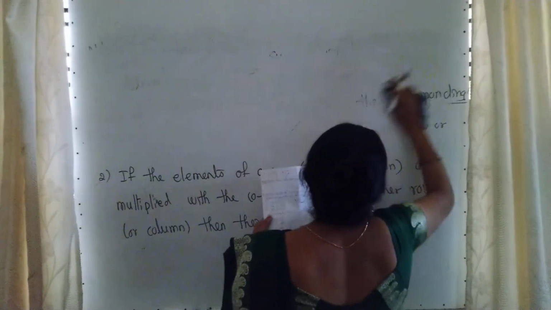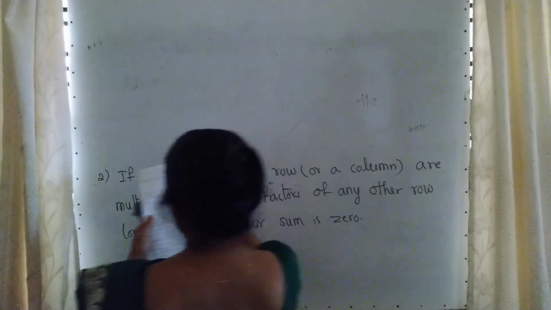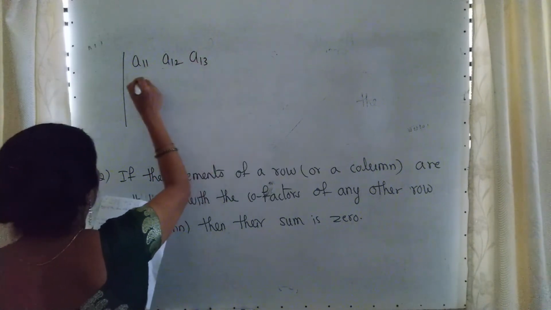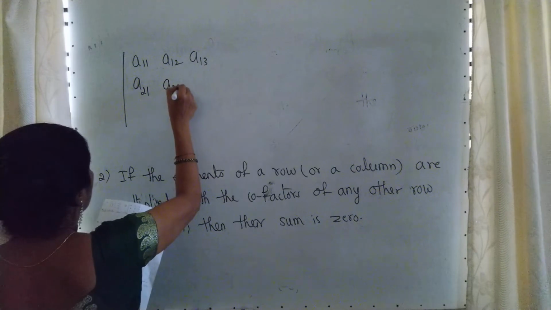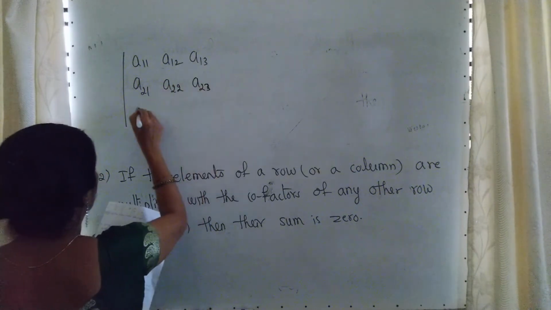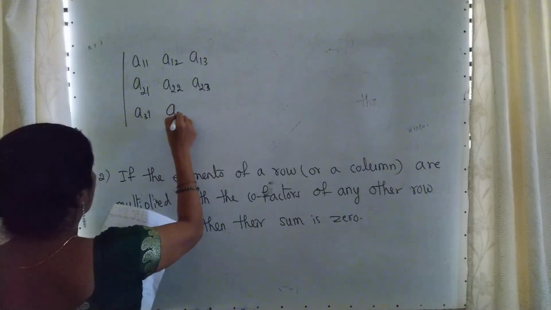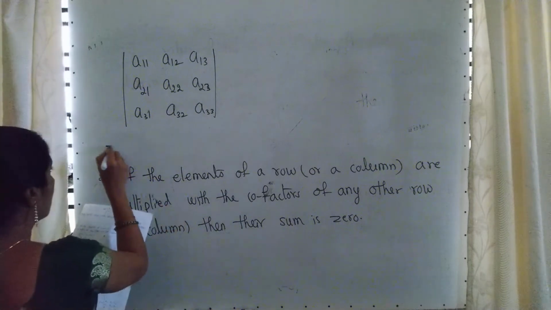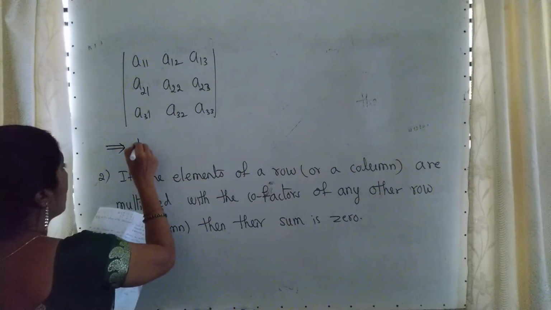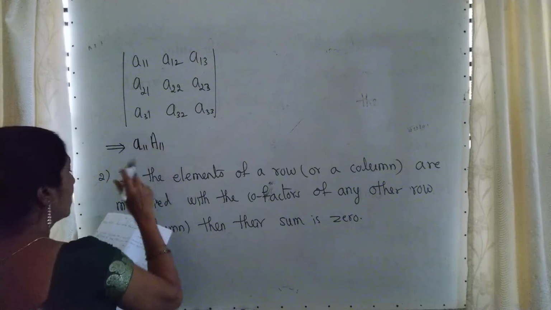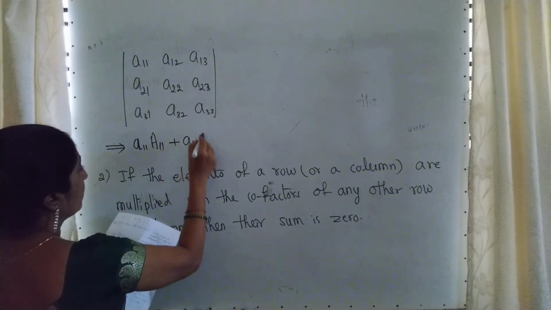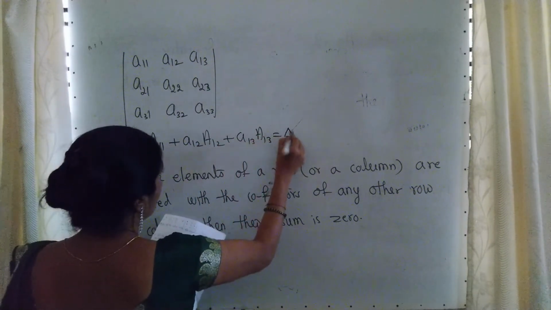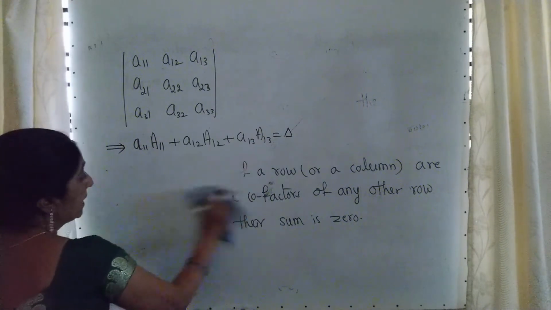See, suppose the determinant is A11, A12, A13, A21, A22, A23, A31, A32, A33. This is the determinant. Then the value of the determinant: see, A11 is multiplied with its cofactor. If you multiply like this, the answer is nothing but the value of the determinant.